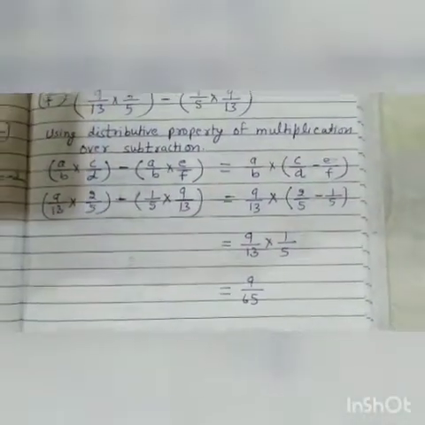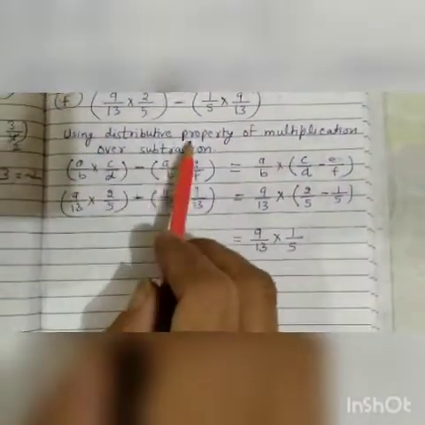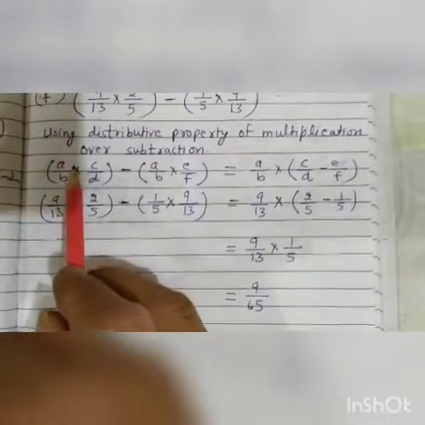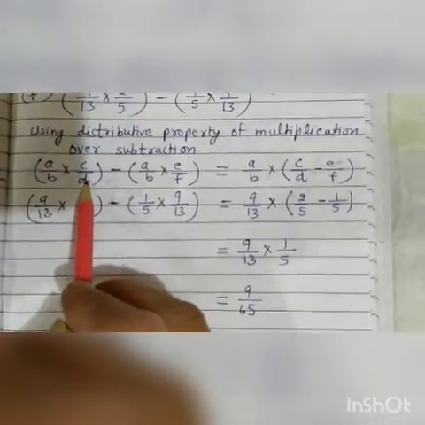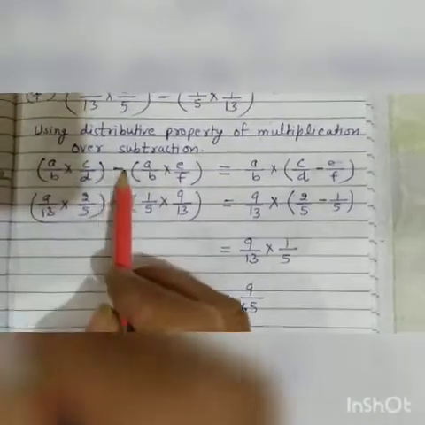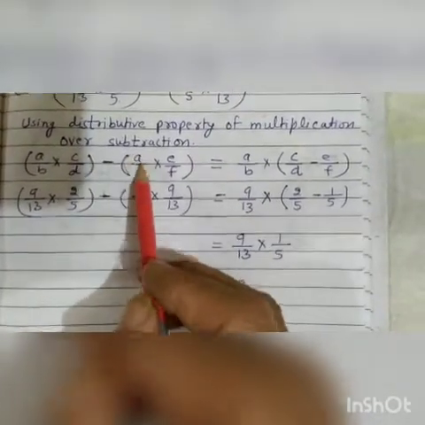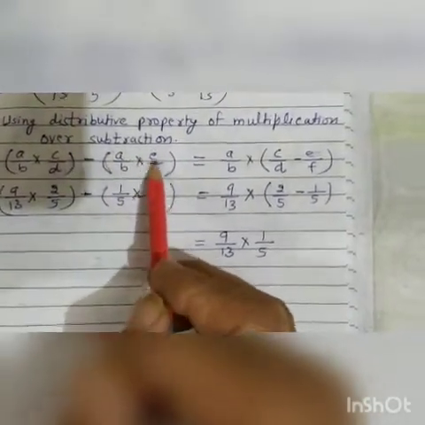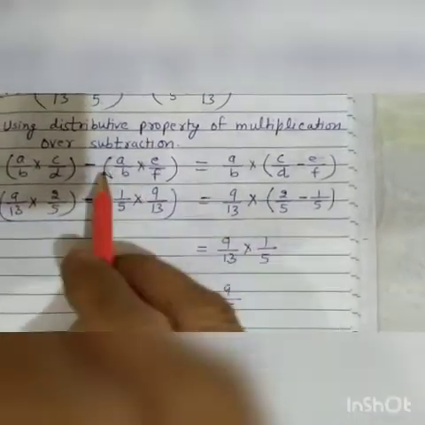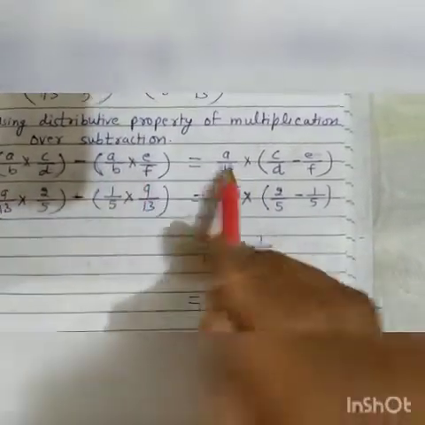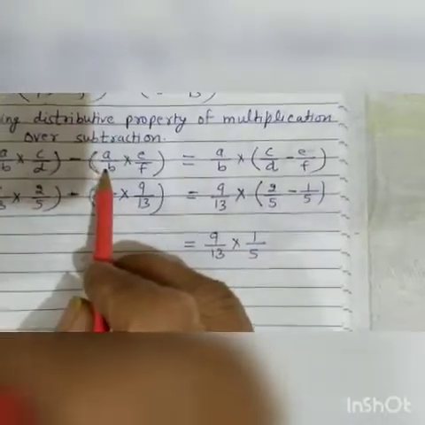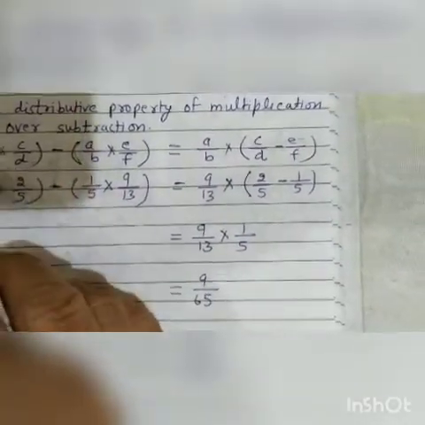Now, first we will write the property. According to this property, a upon b into c upon d within bracket minus a upon b multiply e upon f within bracket. Then see, it will be equal to a upon b, which rational number is same? a upon b.